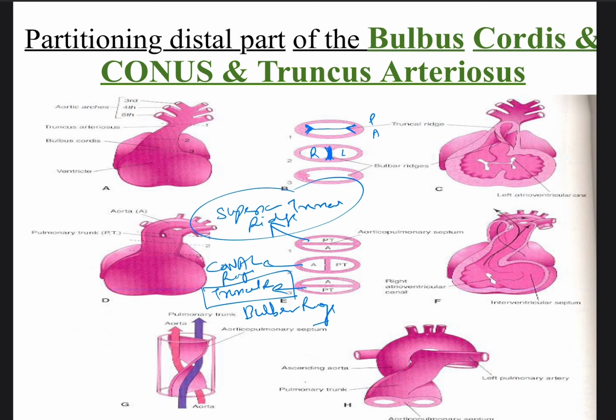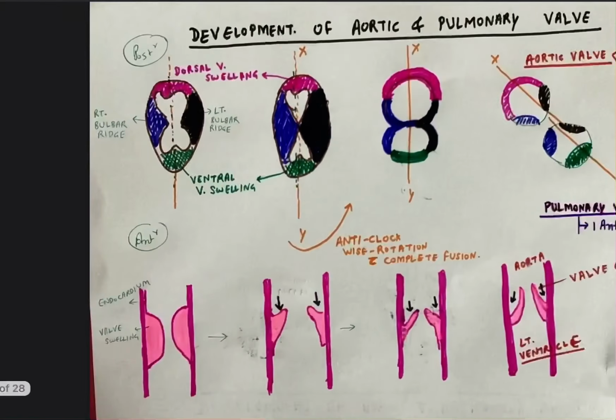This is an important concept because when we read about pulmonary valve development and aortic valve development in the next diagram, I will explain this concept again: the pulmonary trunk is initially on the anterior side, then goes to the left side, while the aorta is initially posterior, then goes to the right side. How is it possible? So please read this.